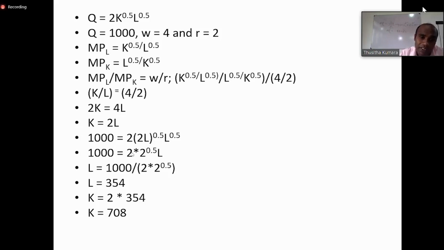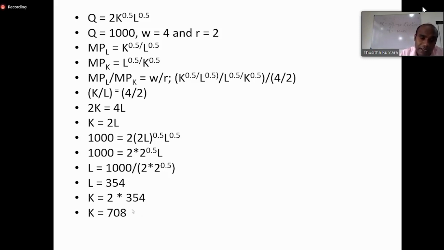So we can solve this a little bit. 2 multiplied by 2 to the power 0.5, and here 0.5, 0.5, it will be L. If you solve this, finally you will get L equal to 354. Then if L equals 354, K should be twice that.